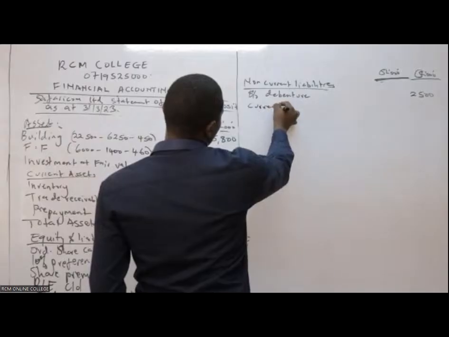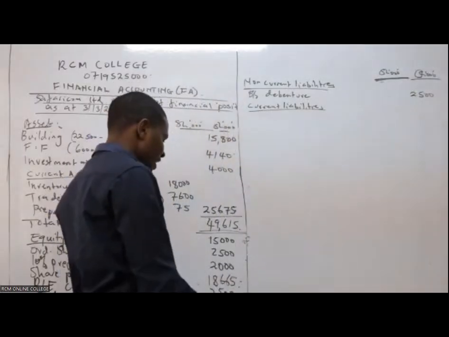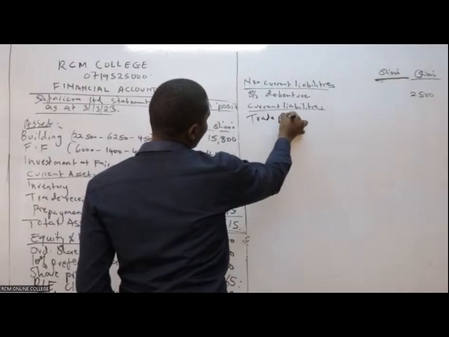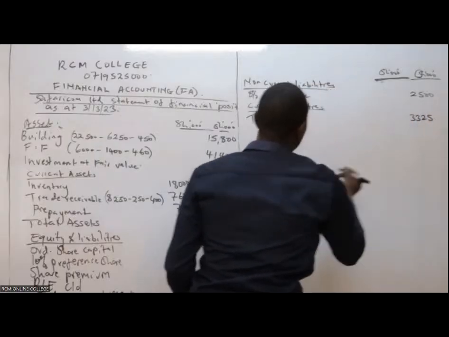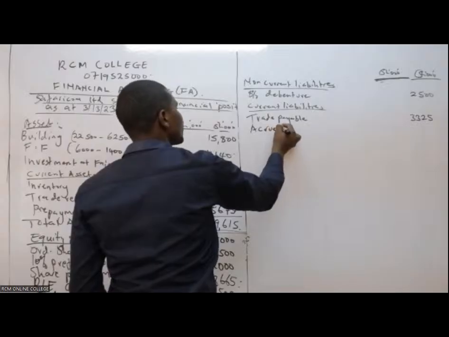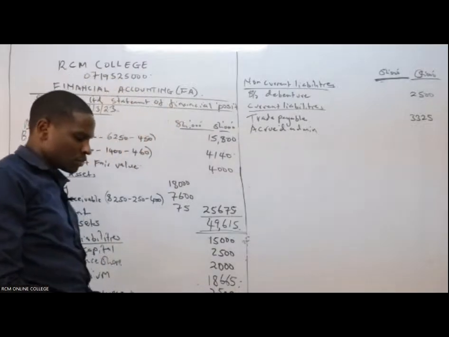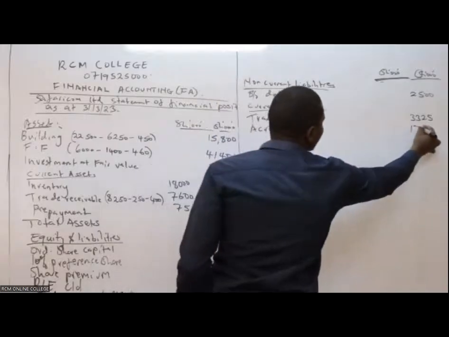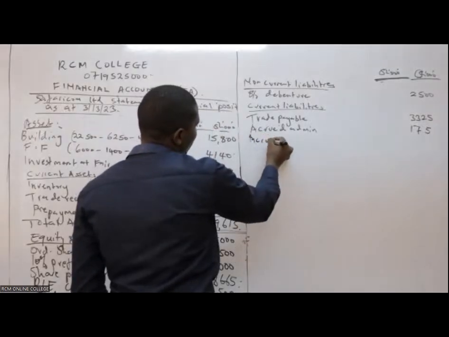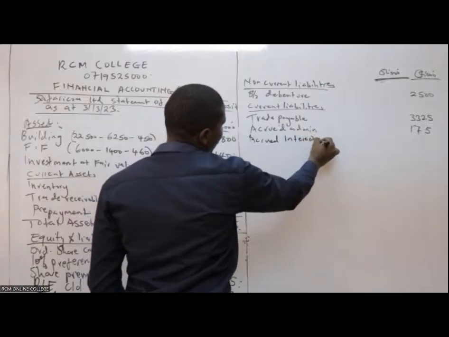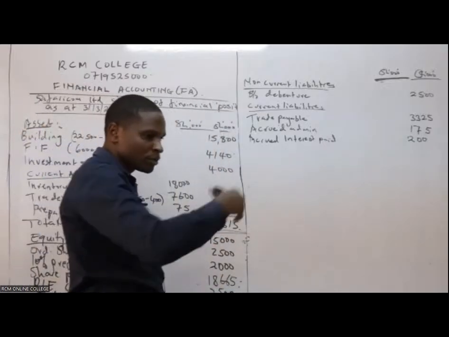We are finishing the current liabilities. I hope you know these: trade payable, accrued admin. What is our trade payable? Looking carefully, we were given 3,325. Accrued admin, what was it? Somebody remind us. 175. There was accrued interest, the interest paid of 200. We were given the bank overdraft, because it is on the other side.